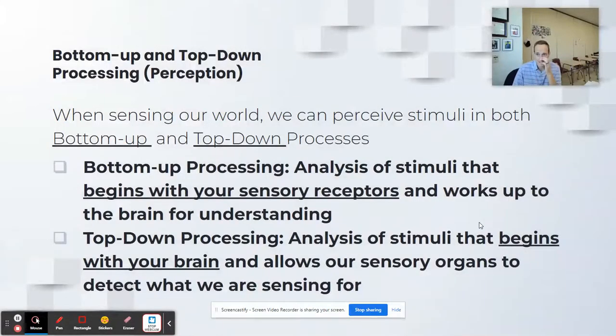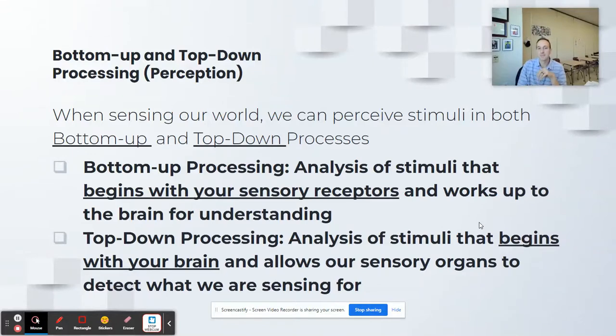Okay, so this is the last piece of information for today, and then I'll show you some examples of this. So all of that we've talked about, absolute threshold, difference threshold, that's all about sensation. As we move into perception, which is how our brain organizes our understanding of the world, one important concept with that, and we'll be exploring this further later, is called bottom up versus top down processing.